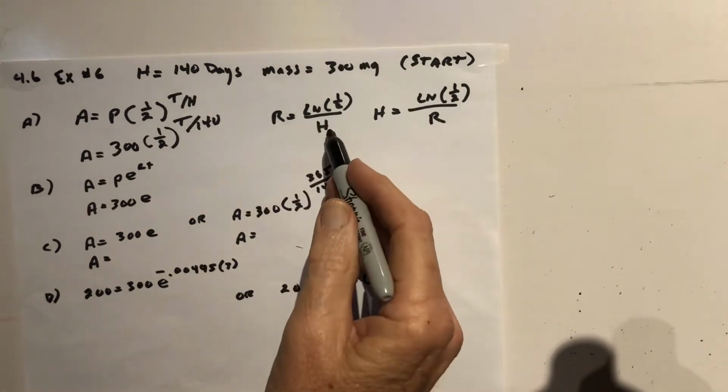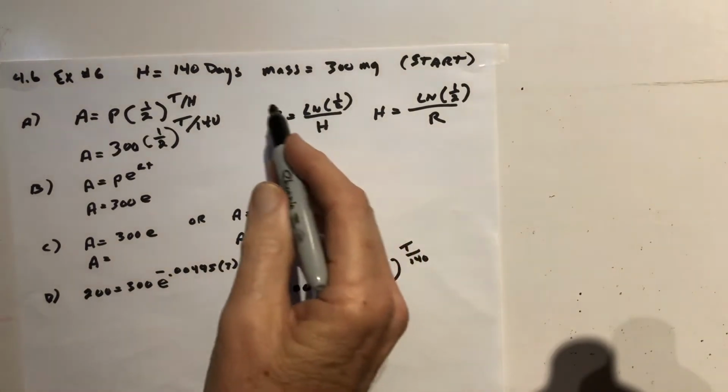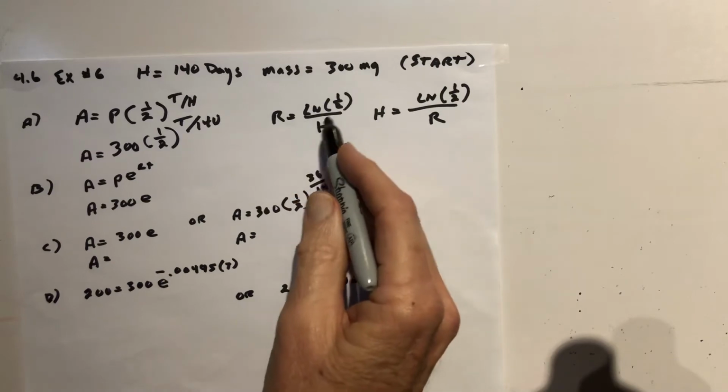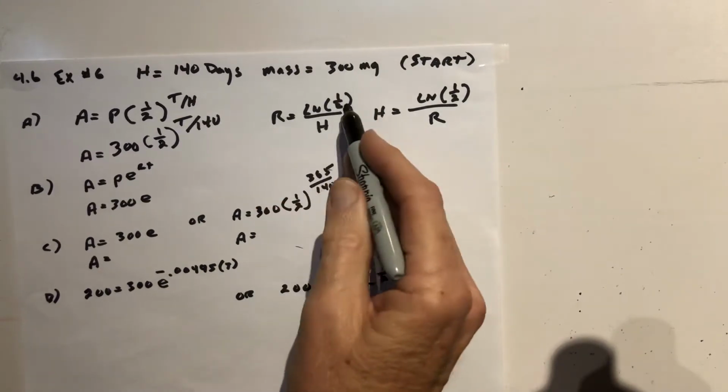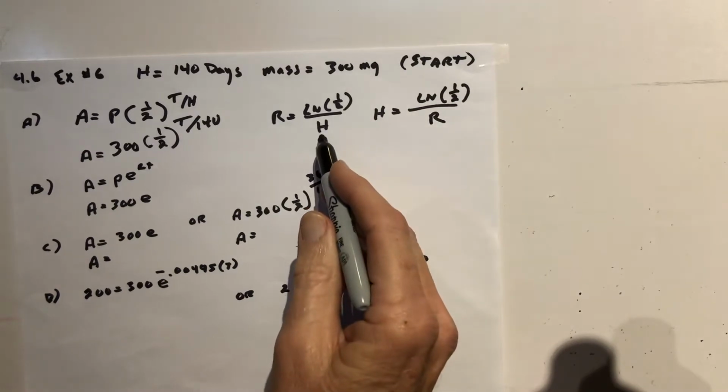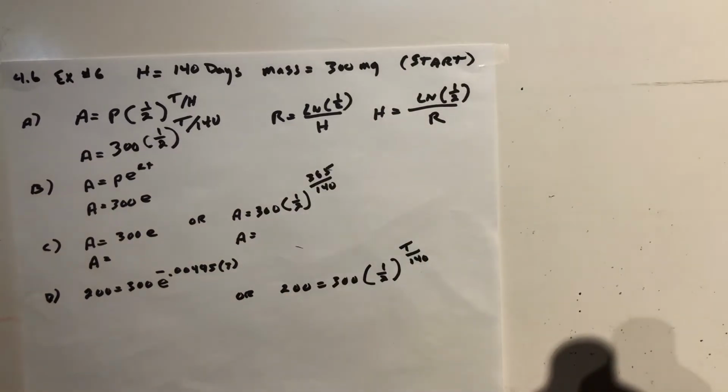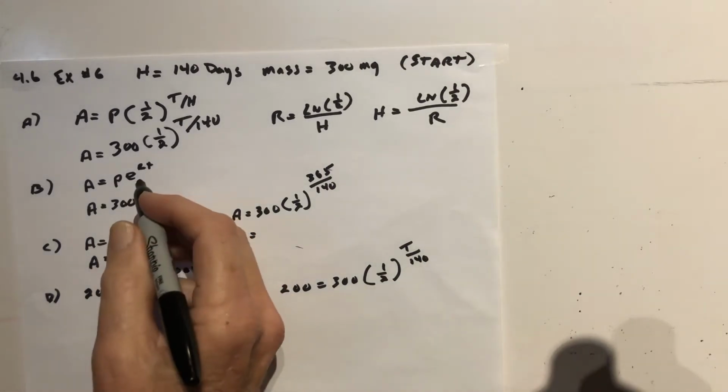So we know the half-life is 140, so go ln of a half, in parentheses, equals, and then divide by h, and you'll get the rate. So now we can finish this.